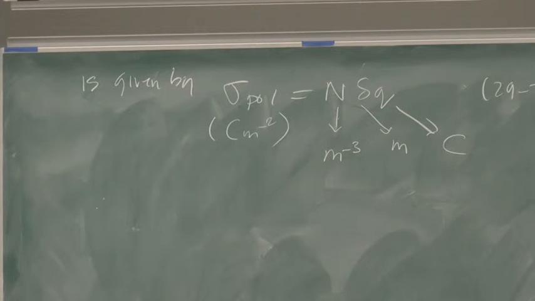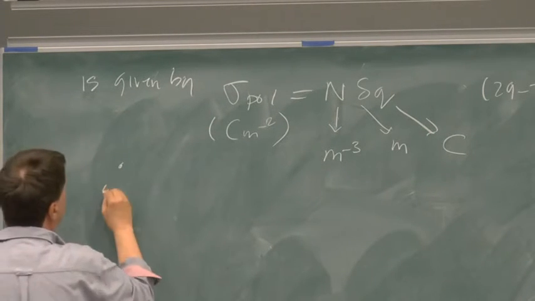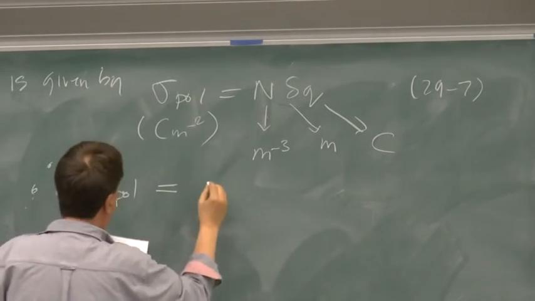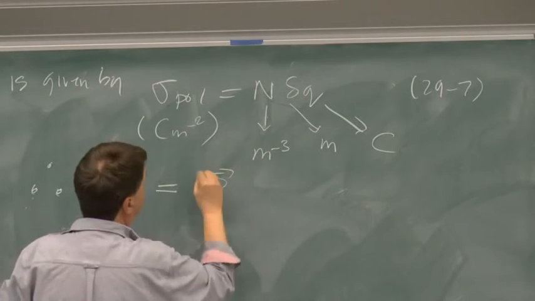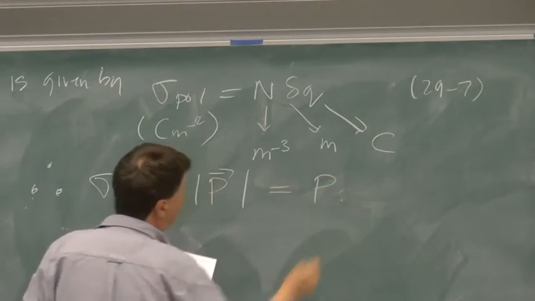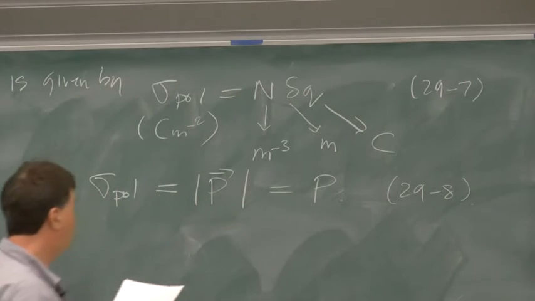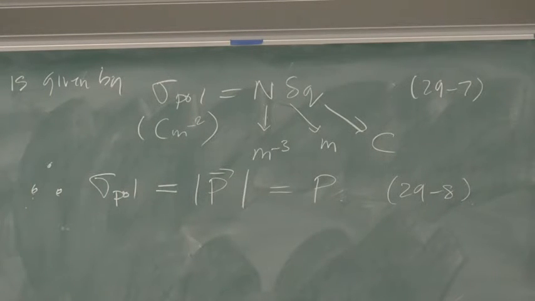Just by comparing equations 20, 9, 6 and 7, we get sigma pole is equal to the magnitude of P, which again we usually just abbreviate to P. So that, you think, well, it looks very trivial, but we're actually now getting closer to the idea of really solving this figure now.